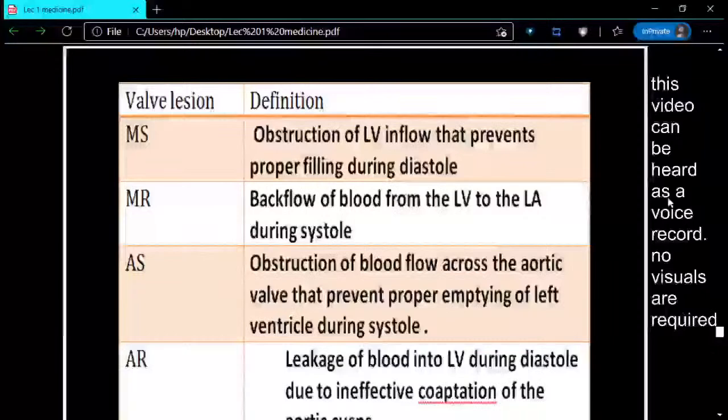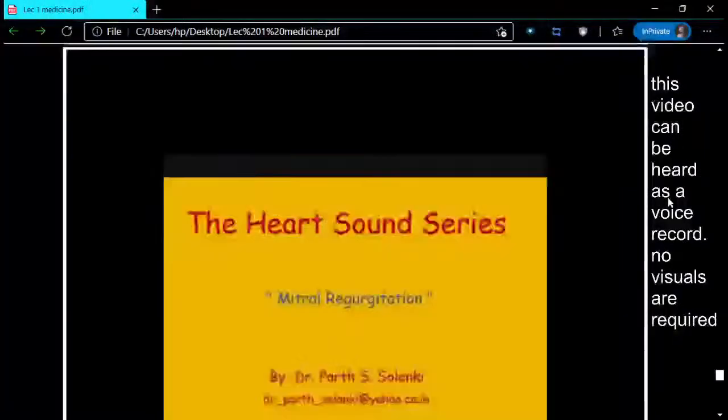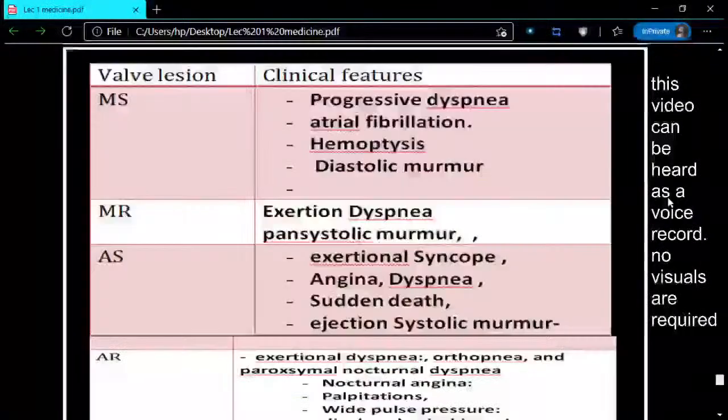During diastole, improper filling of the left ventricle, dyspnea, fibrillation, hemolysis, diastolic murmurs, all are causes of MS.